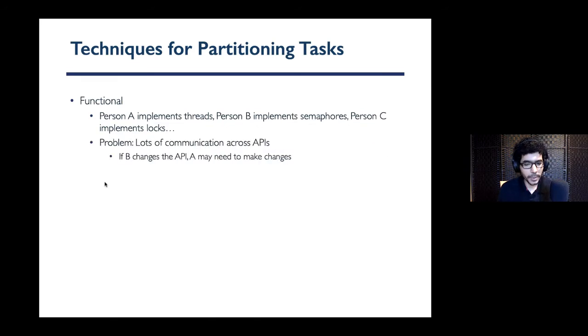The problem with this one is that you're going to face a lot of communication cost, because each functional unit has to interact with other units. You need to have a clear API, and that requires you to communicate. And when you want to make a change in your unit, it's going to affect a lot of other people's. Unless you keep the API fixed, it's going to impact everybody else.